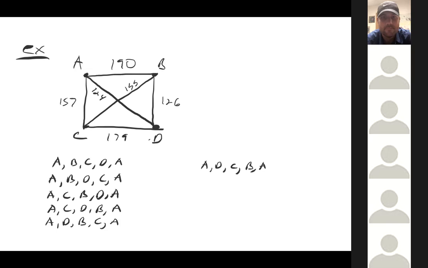Since we have enough people here to do it, can I get Alec to add up the first one, A, B, C, D, A? Can I get Kevin or KJ to add up the second one, A, B, D, C, A? Bryson, would you add up the third one, A, C, B, D, A? Fourth one, Haley, can you add that up in your calculator?